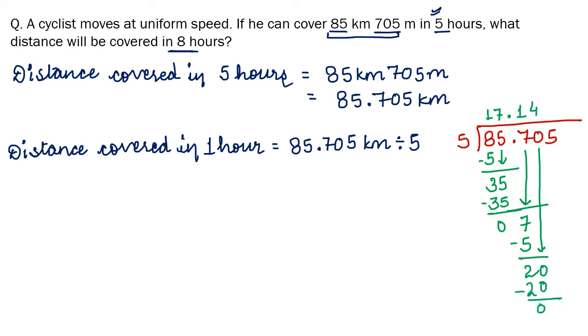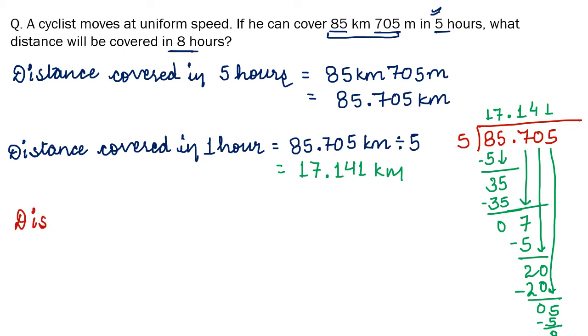So 0 left here. Bring down the last digit, that is 5. 5 ones are 5. So we got distance covered in 1 hour is equal to 17.141 kilometer.